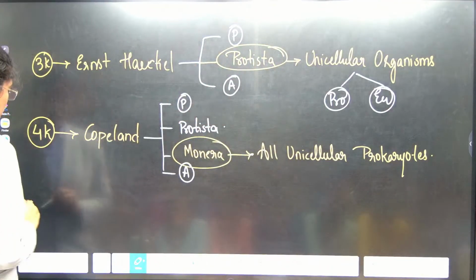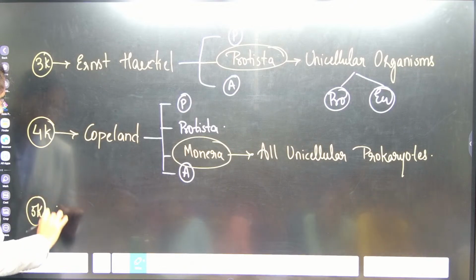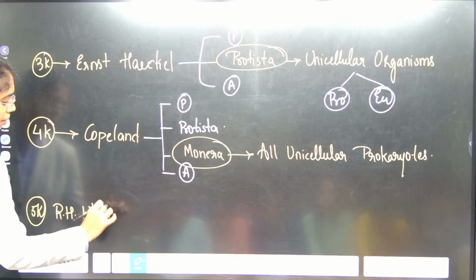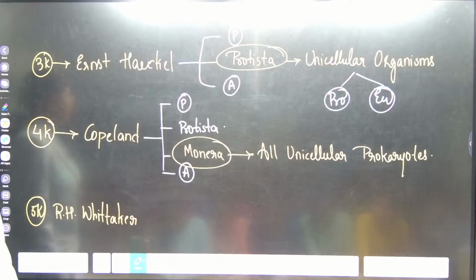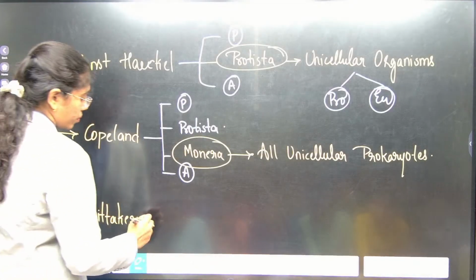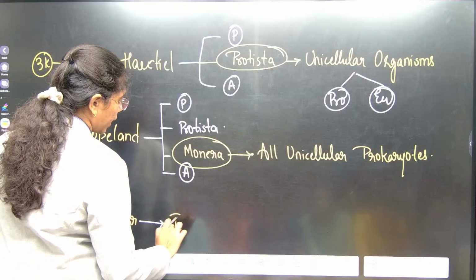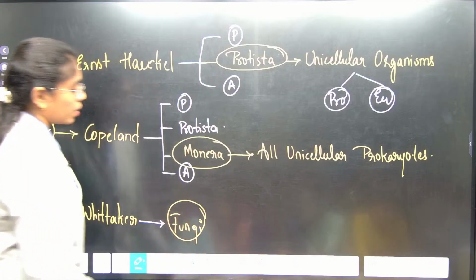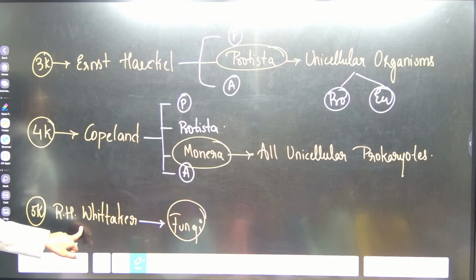Done. Next is the five kingdom system of classification proposed by R.H. Whittaker. The new kingdom he has introduced is kingdom fungi. About the major aspects of the five kingdom system of classification and the sixth kingdom, we will look tomorrow. Okay?